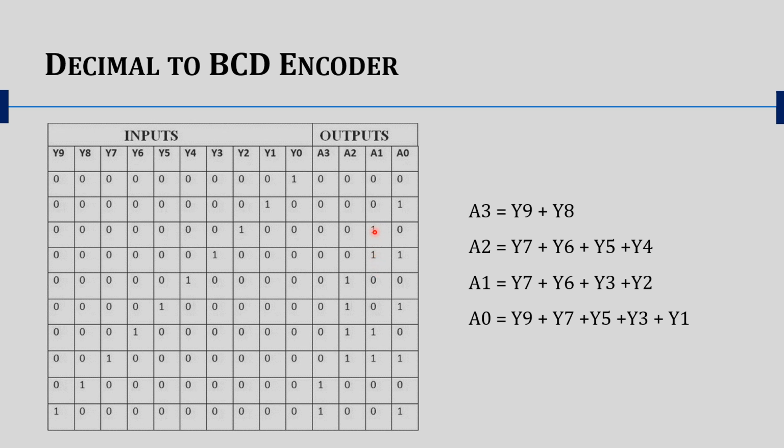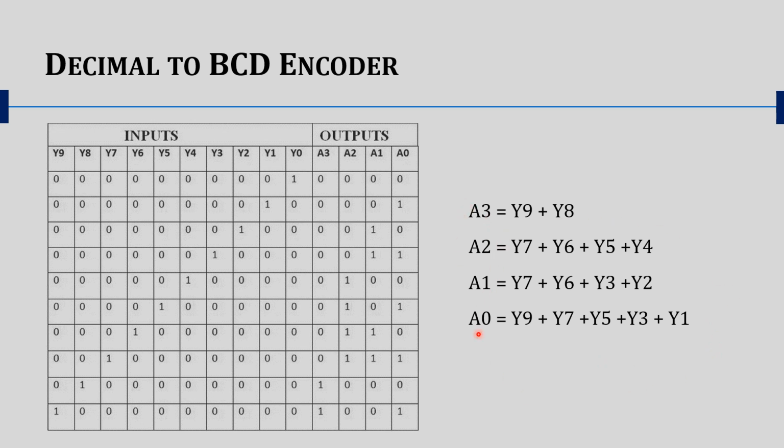A1 is equal to y2 plus y3 plus y6 plus y7. Similarly, A0 is equal to y1 plus y3 plus y5 plus y7 plus y9. Now we know the Boolean expressions for all the 4 outputs.